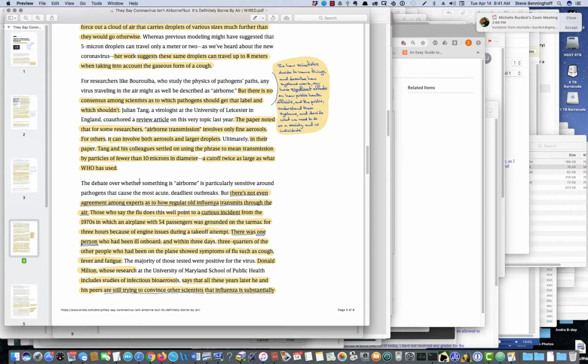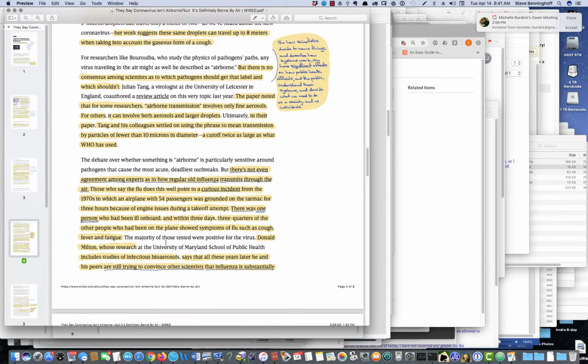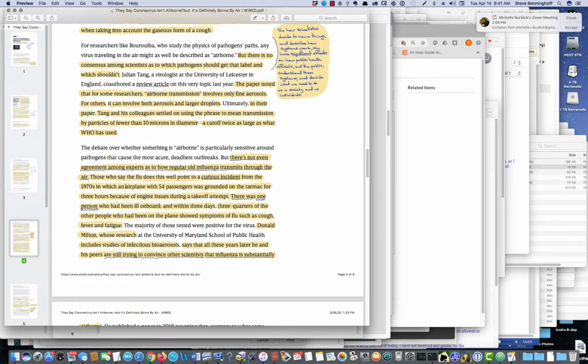And one of these researchers, Donald Milton, has been trying to get people to realize that the flu, the regular old flu, is maybe not so cut and dried either. There's an example in the article where passengers were trapped on a plane grounded on the tarmac for 3 hours.